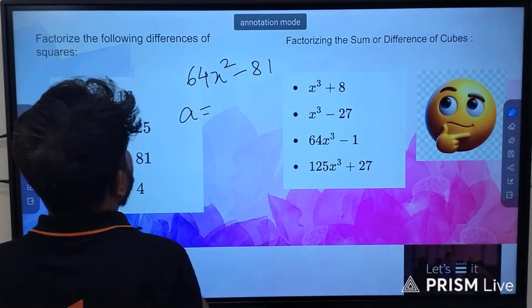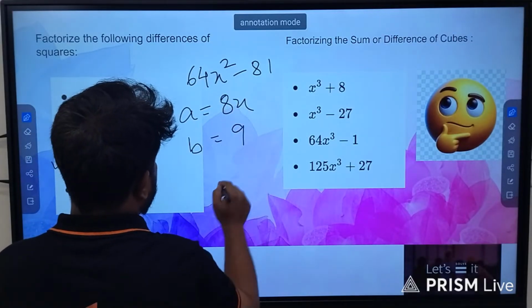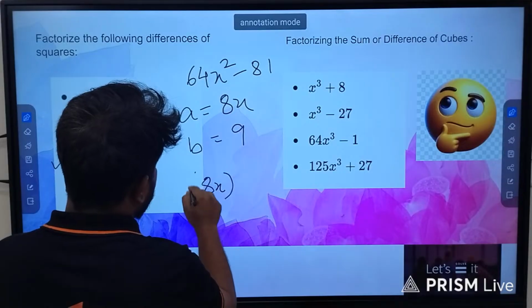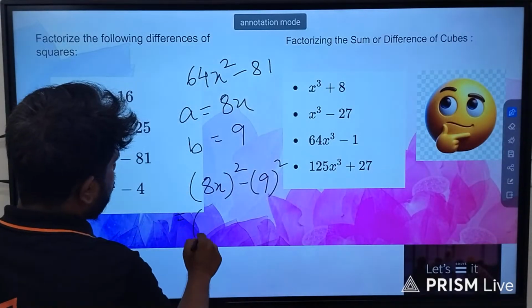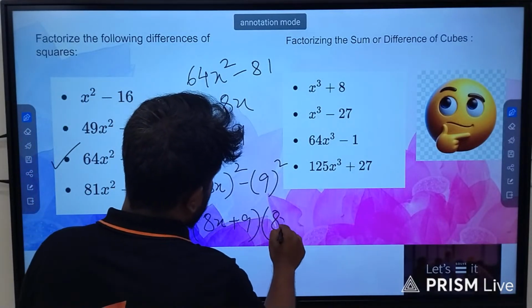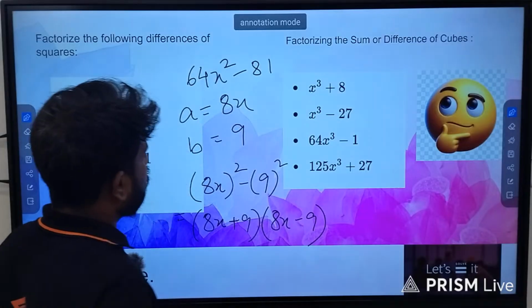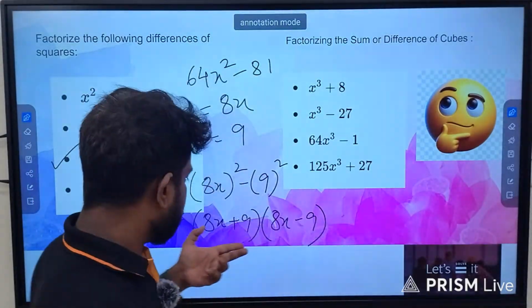We can take a as 8x and b as 9. So it will be 8x and its square minus 9 and its square. So the final answer will be 8x plus 9 into 8x minus 9. Okay, because 8 square is 64 and 9 square is 81.